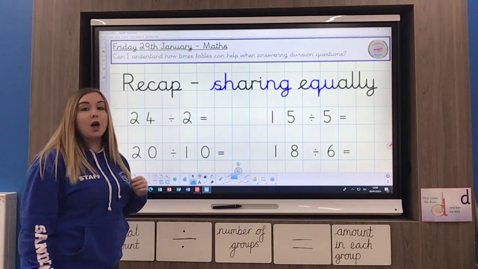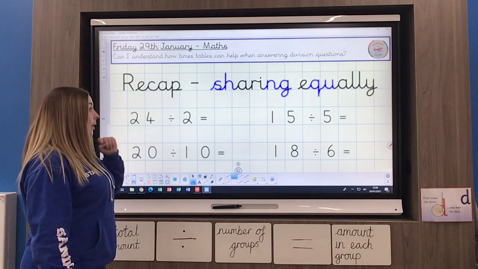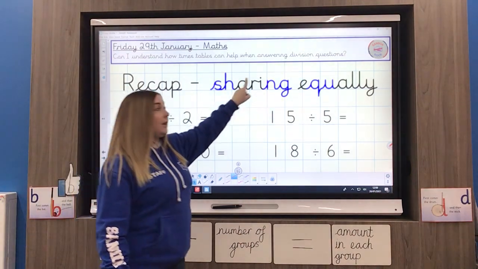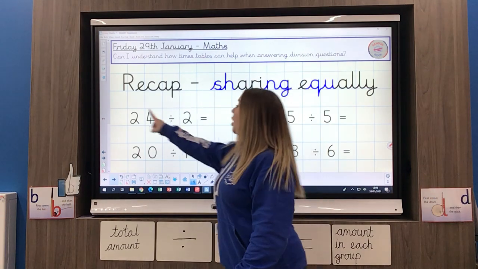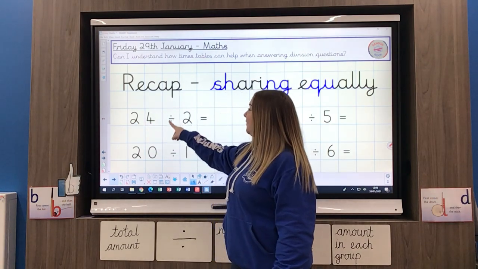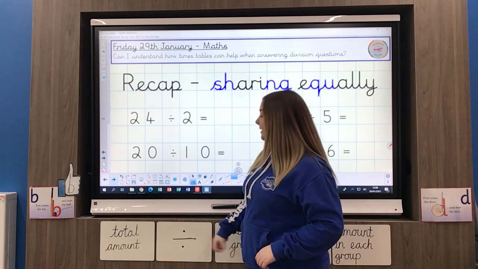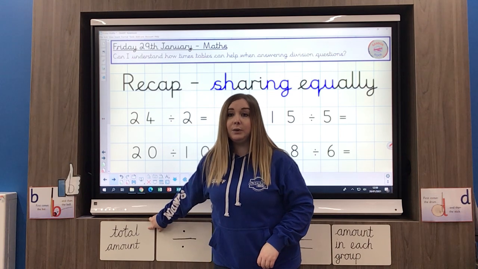And now we're going to have a quick recap on what we did yesterday. So I've got some division questions on my board. And we're going to have a go at finding the answers to these questions by sharing equally. Okay, so we'll start here. 24 divided by 2. And I told you yesterday that the first number is the total amount that we've got.